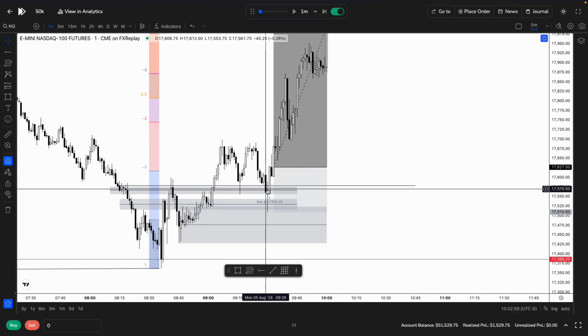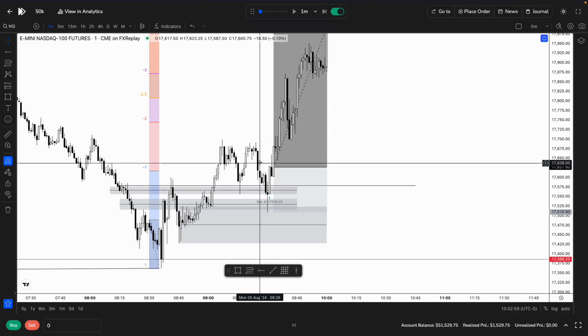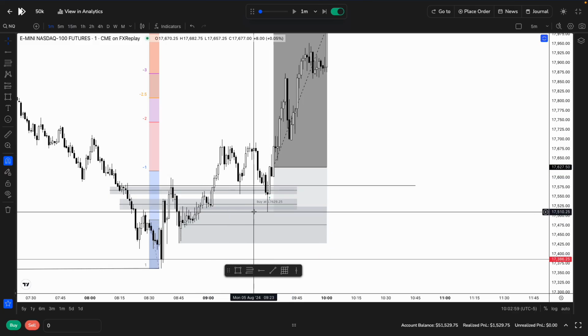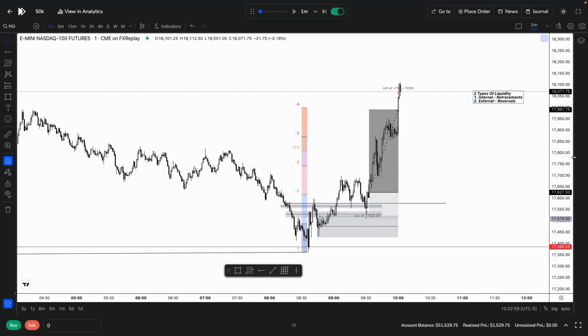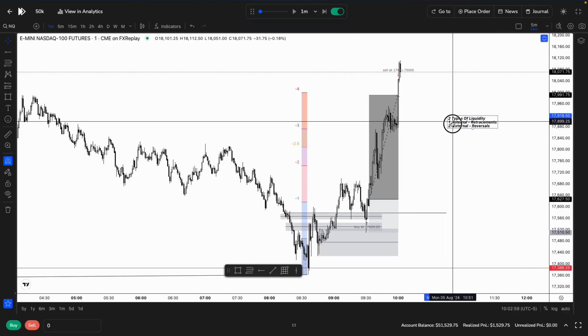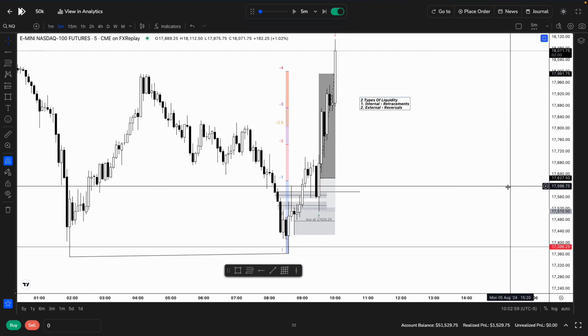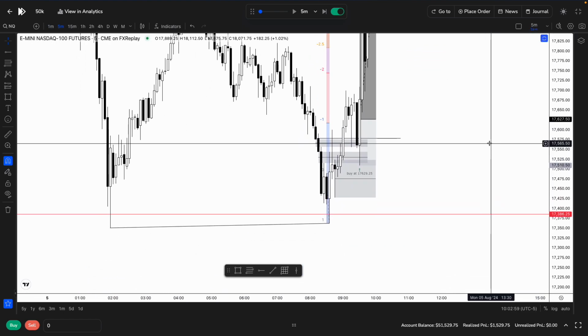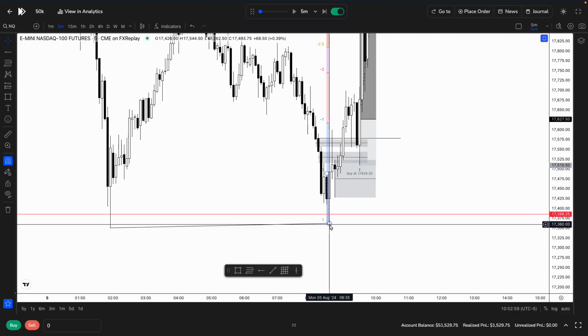I then got in off of this displacement candle here, tapping into these 5-minute confluences, with the narrative of external to internal, and also some extra confluence: standard deviations. How would you use standard deviations here? Where is the manipulation leg? It's from this wick high to this wick low.